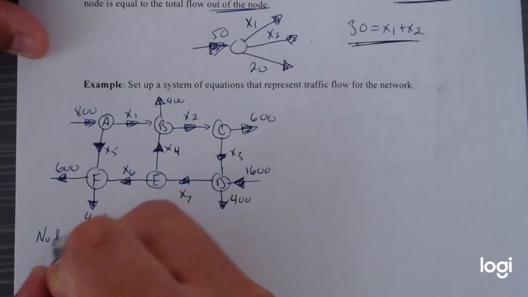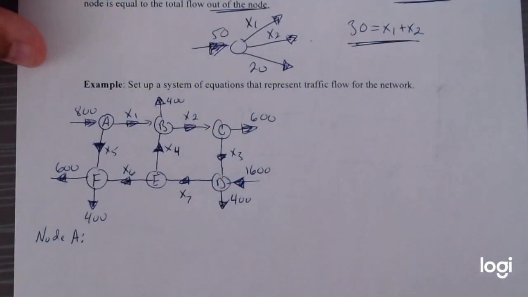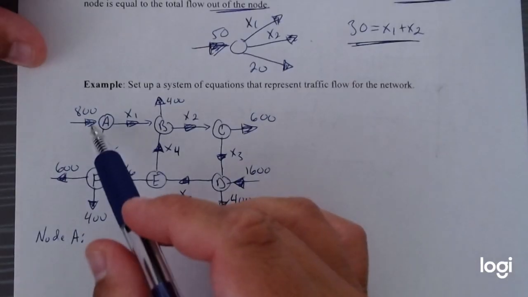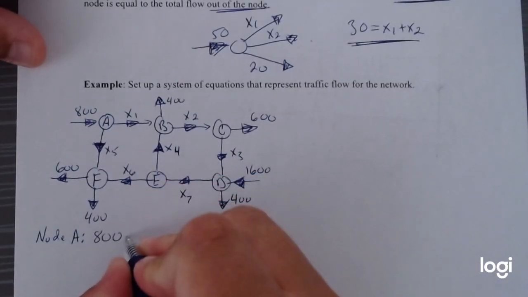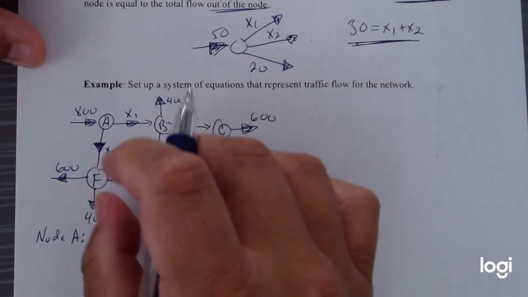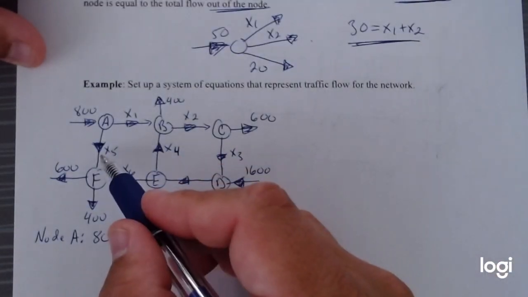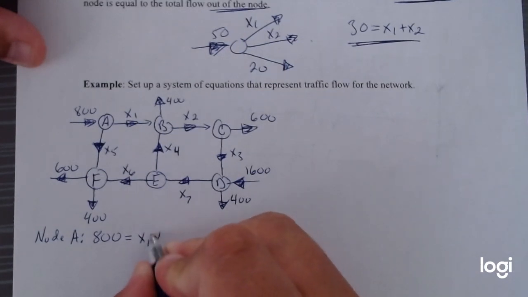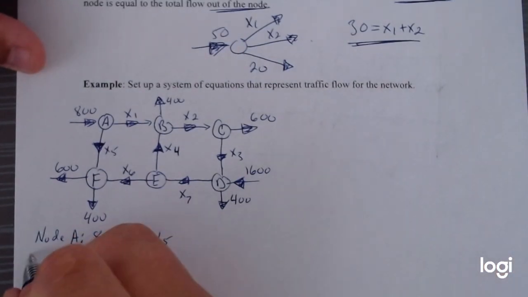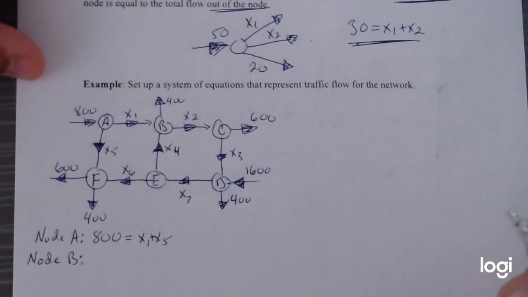So we'll say node A. How much flow is going into A is a total of just 800. Everything else is coming out, so we know 800 is equal to the sum of going out, in this case x1 plus x5. We're just going to go all the way around and do the exact same thing.